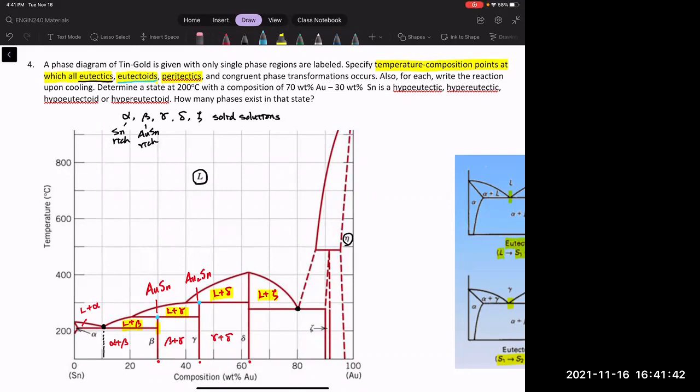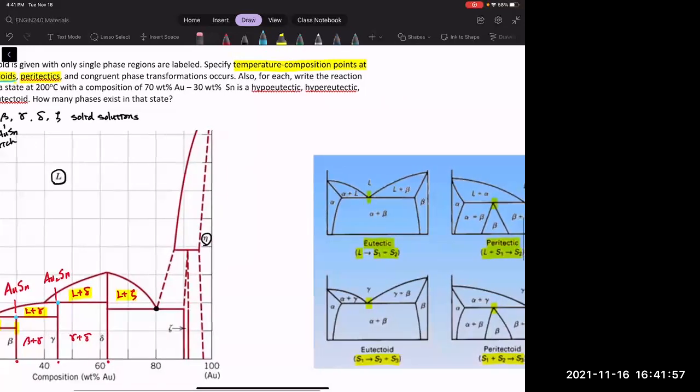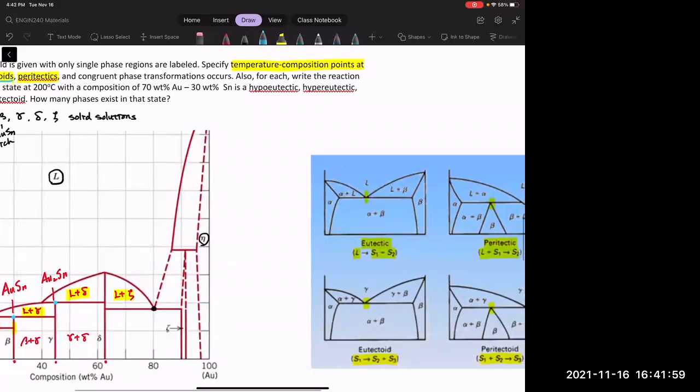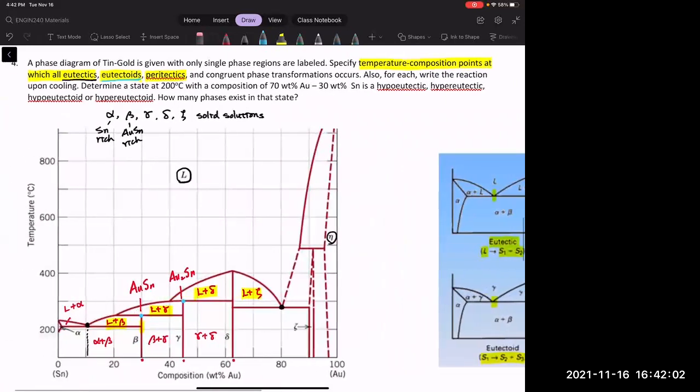So these two are the liquid plus solid solution reactions. Okay, so these two are the eutectoid reaction? No, that's the peritectic. These are the peritectic.